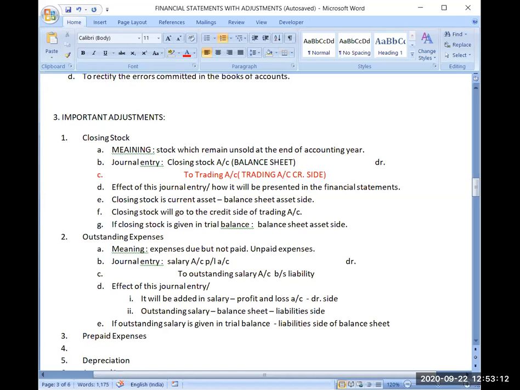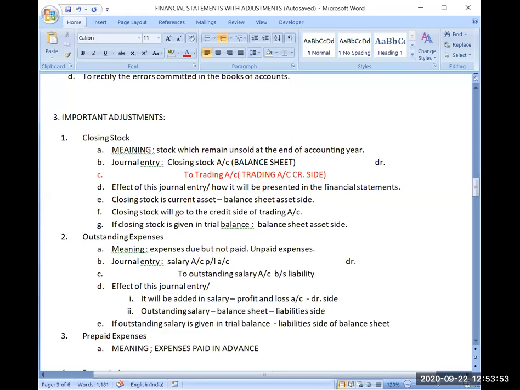Now see the third adjustment, prepaid expenses. First thing is the meaning. What is the meaning of prepaid expenses? Expenses paid in advance.